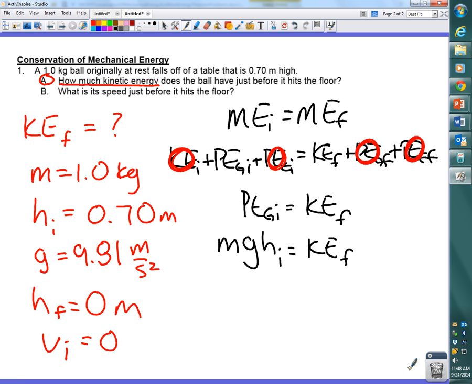So, do we know the mass of this object? Yeah. Do we know the effective gravity here on Earth? Yeah. Do we know the initial height? Yeah. So now we have all 3 things that we can figure out how much potential energy this object starts with, so that would give us how much kinetic energy it's going to end up with. Plug it into your calculator and figure it out.